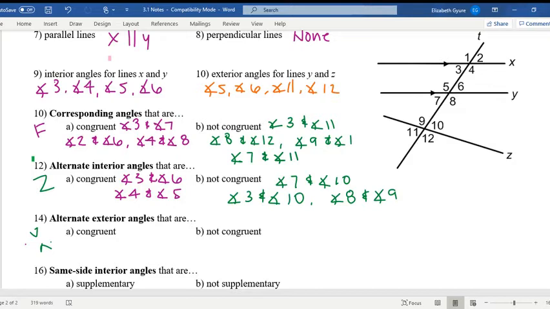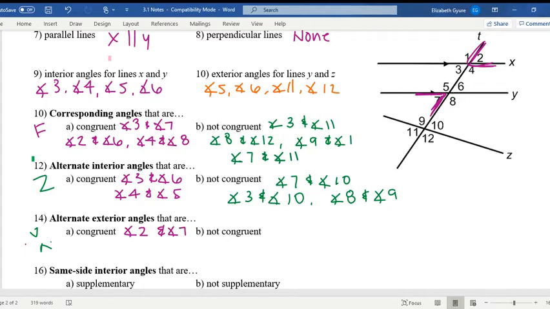So what do we maybe think? Al? Would it be angle 2 and 7? 2 and 7, absolutely. Yeah, angle 2, you have kind of your V shape going this way. Angle 7, you have your V shape going that way. Absolutely. Angle 2 and angle 7.